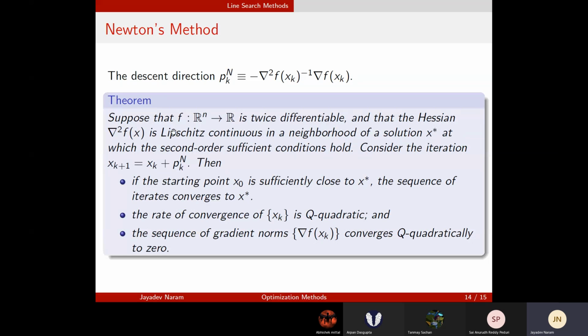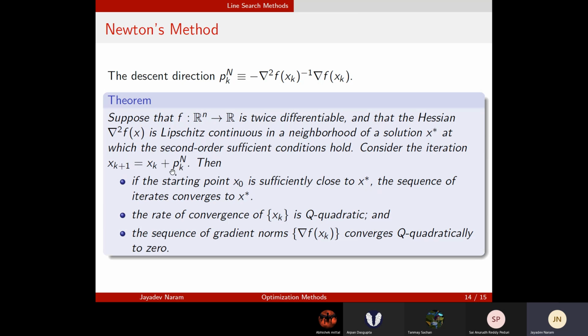So for this theorem, we want the Hessian to be Lipschitz continuous in a neighborhood of x star where second order sufficient conditions hold. Given this, consider an iteration of this form. Here we directly take the step length to be 1.